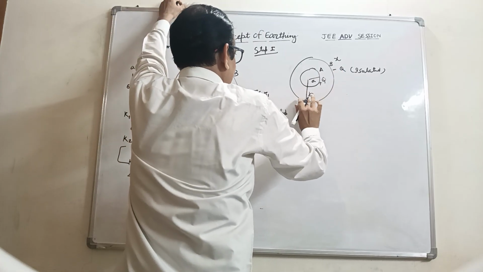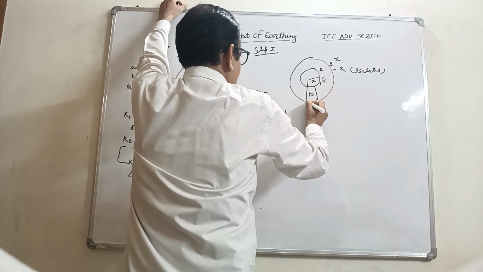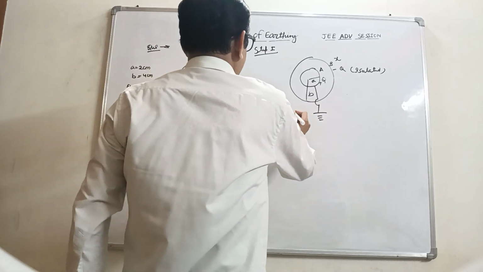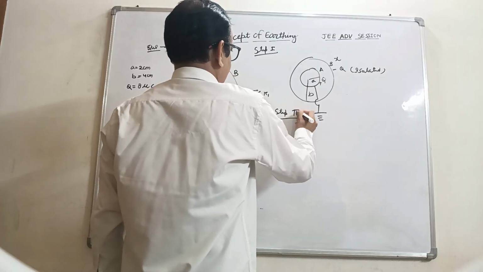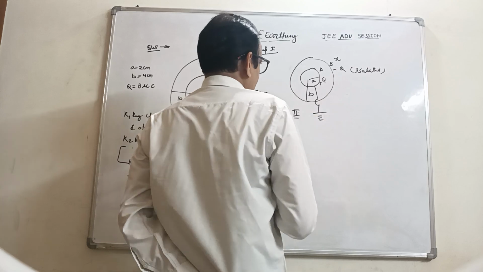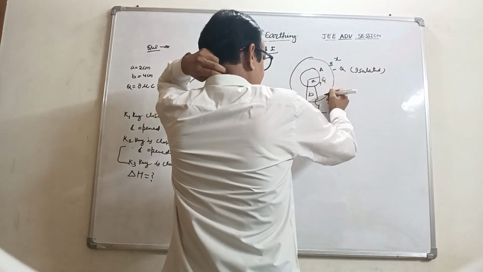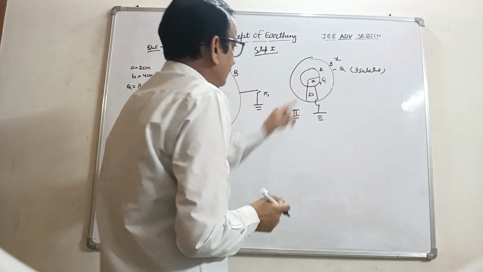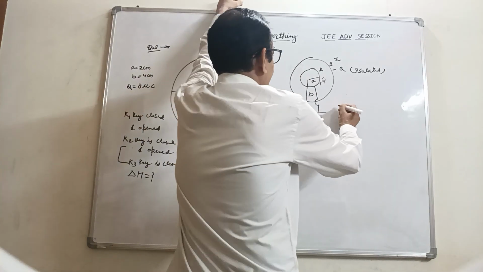When the earthing of surface A is done, some charge is transferred, or we have to directly calculate the charge here after earthing.